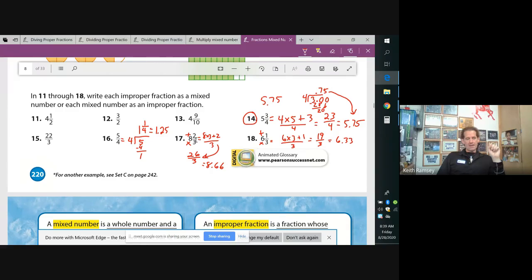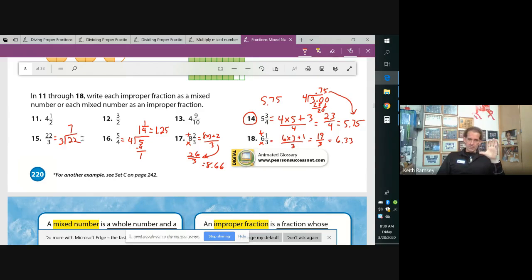Let's take a look at number 15. Here's an improper fraction. It's just like 16. I'm going to divide. I'm going to find out what the remainder is. That'll become the numerator, and the denominator will stay 3. So this is going to look like, here's 22 as the dividend. The little number, the denominator, that's the divisor. It goes outside the box. I know 22 divided by 3 is 7.